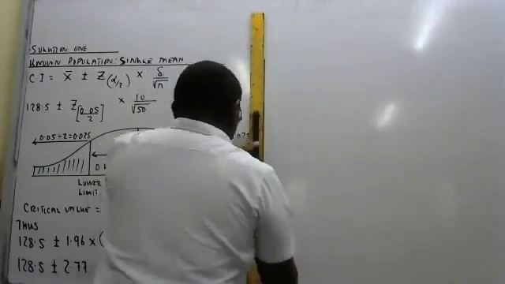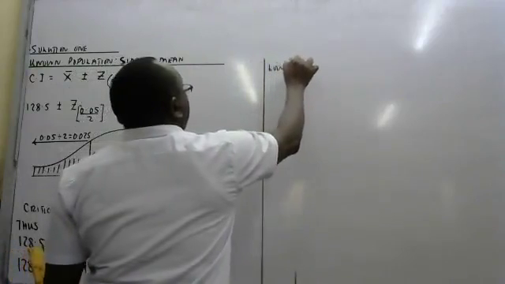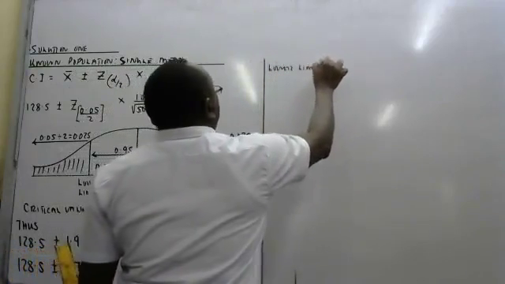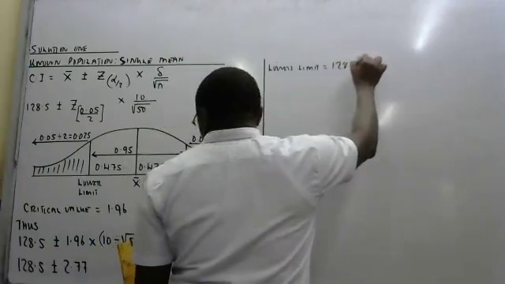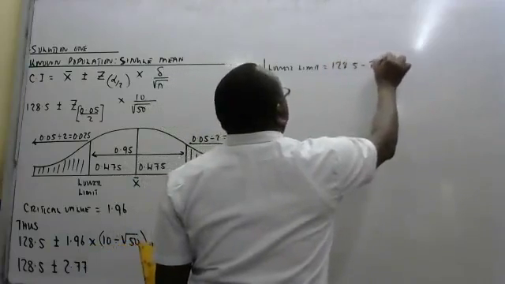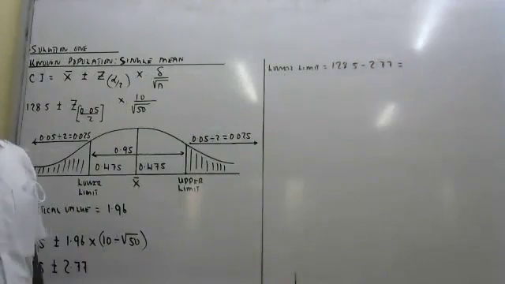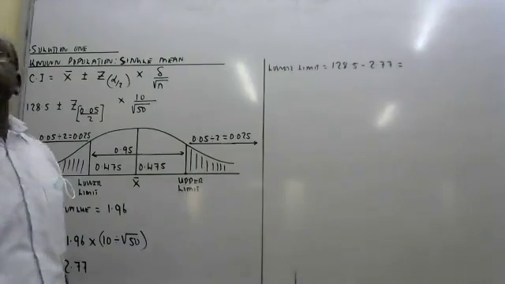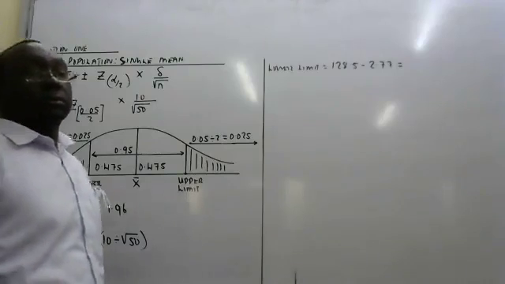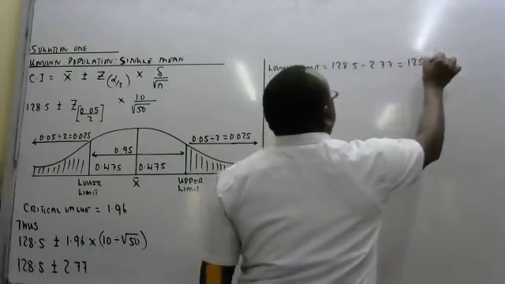So with that, if you want the lower limit, it will then be 128.5 minus 2.77. The lower limit is 125.73.